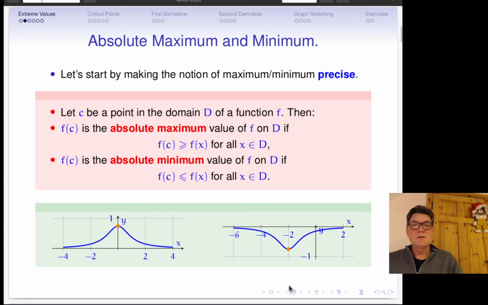And here on the right we see almost a mirror image of this graph. The orange dot here, the value that this function takes at -2, is less than or equal to every other value that we see here in the graph of that function.